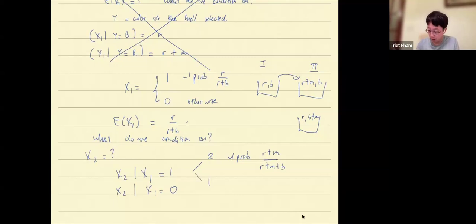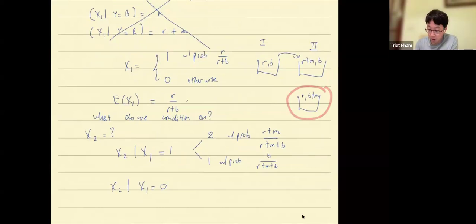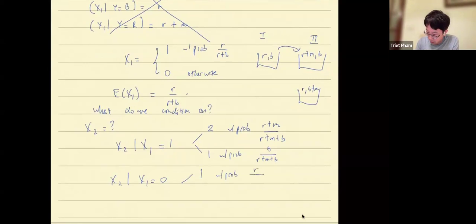It will be 1 with what probability? If you pick the first red, on the second turn you can still pick a blue, which makes the overall number of reds 1, with probability B over R plus M plus B. On the other hand, if the first pick is a blue, then you can still pick a red with probability R over R plus M plus B, and you will pick a blue with probability B over R plus M plus B. Is that clear?